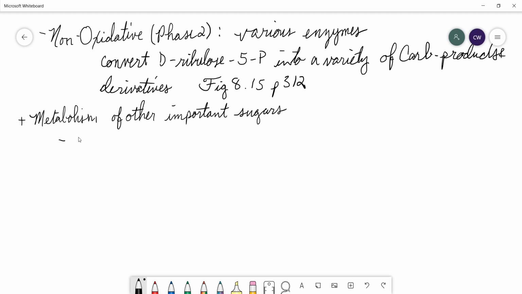The most notable of these are fructose, mannose, and galactose.